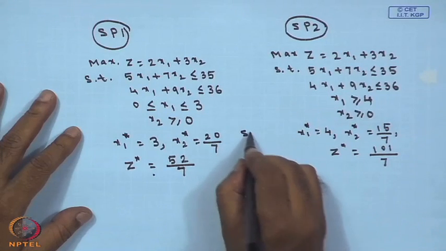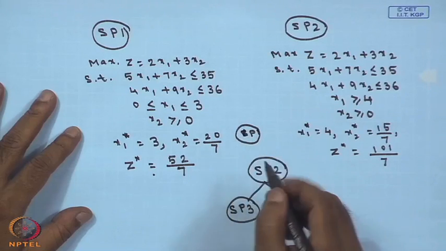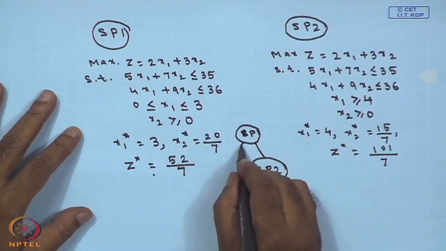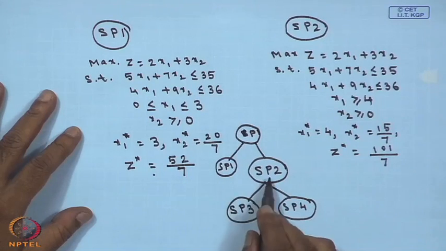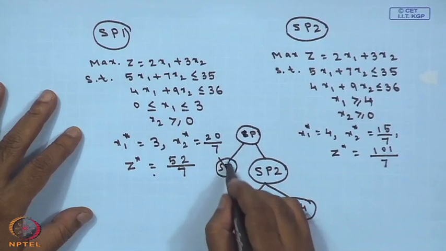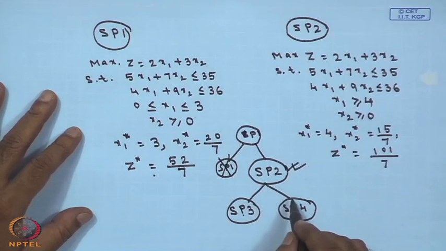So, you had the original problem, which you broke into two parts, SP1 and SP2. Now, you are discarding SP1 and choosing SP2, and you have to break it into two parts, SP3 and SP4.